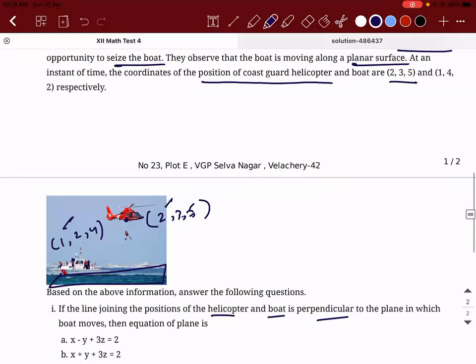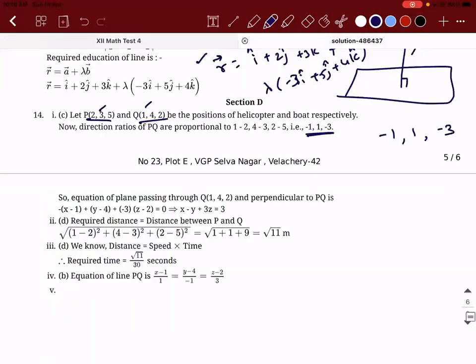Now, 1, 2, 4 is a point on the plane. So there is a plane which is passing through the point 1, 2, 4, and its normal has direction ratios minus 1, 1 and 3. The direction ratios of this line and of the normal are parallel, and the plane's direction ratios are perpendicular to them.